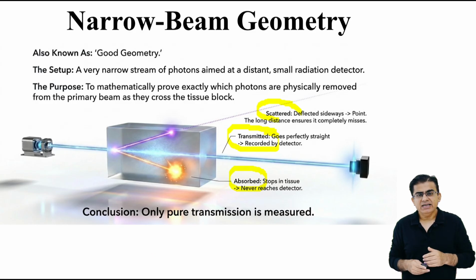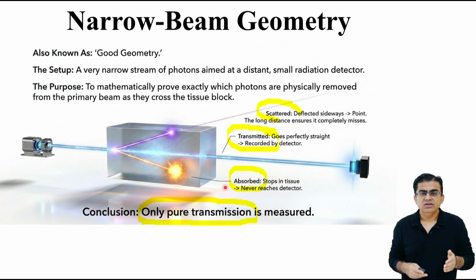Therefore, this entire experimental spatial setup only measures pure transmission. This experiment proves that these three fates of photons, transmission, absorption, and scattering, do not exist only in theory. This happens every single moment when an X-ray photon beam is fired towards a patient's body.